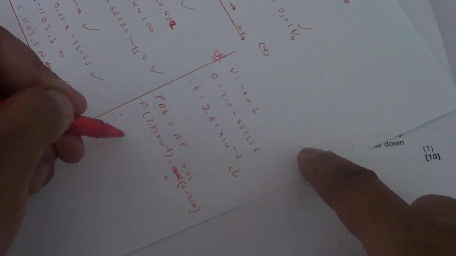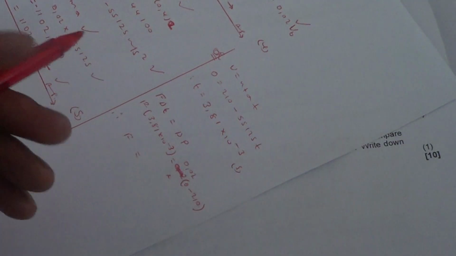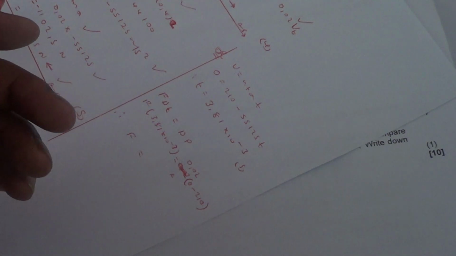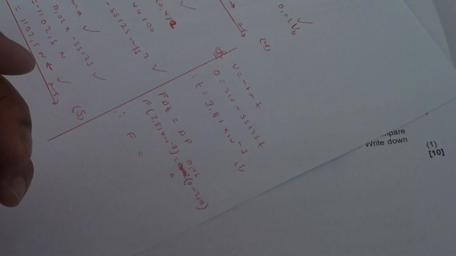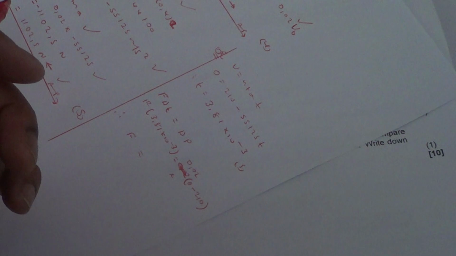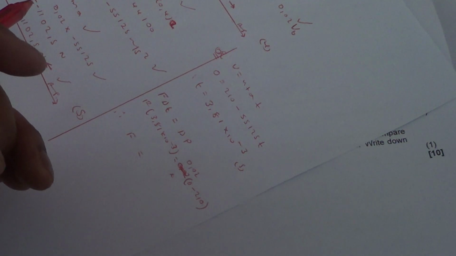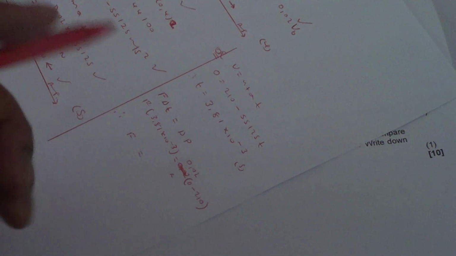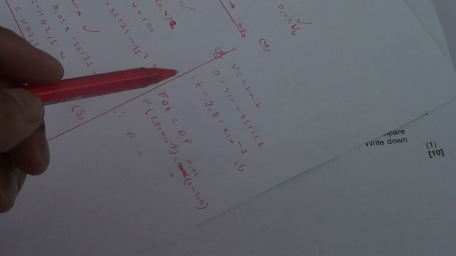And then the force will be this product divided by that time. So look at this, it's going to be 0,02 times 210. Of course it's going to be negative, right? So it's minus 4,2. And then we divide this by 3,81 times 10 to the minus 3.